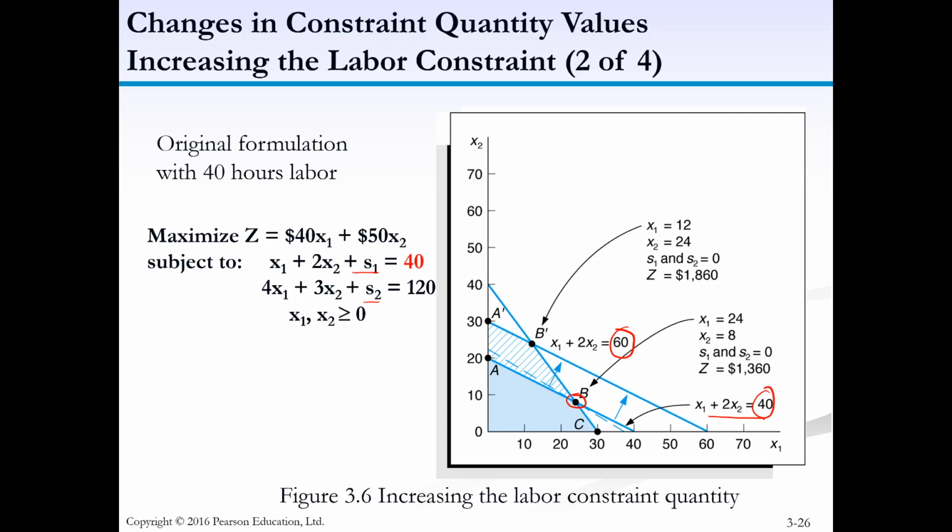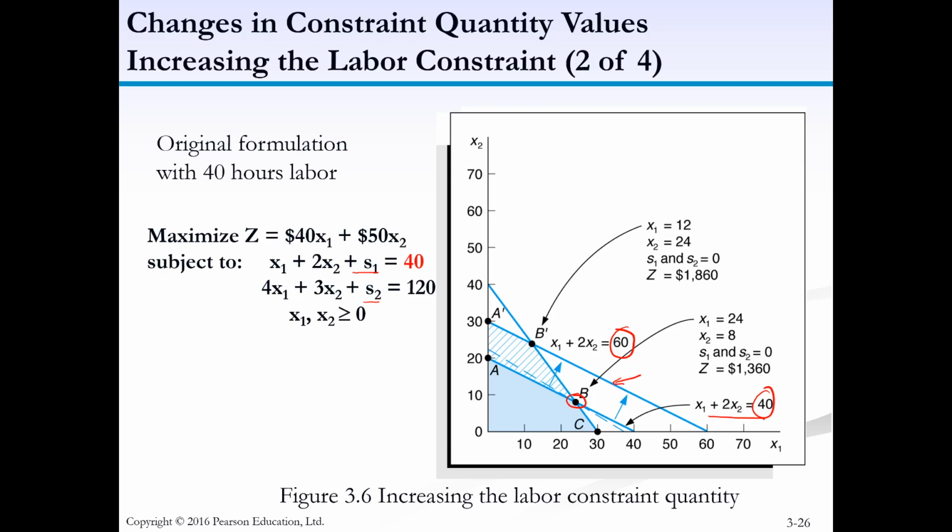With the same slope, the constraint has moved away from the origin as shown over here. This is the new constraint, x1 plus 2x2 equal to 60 now.